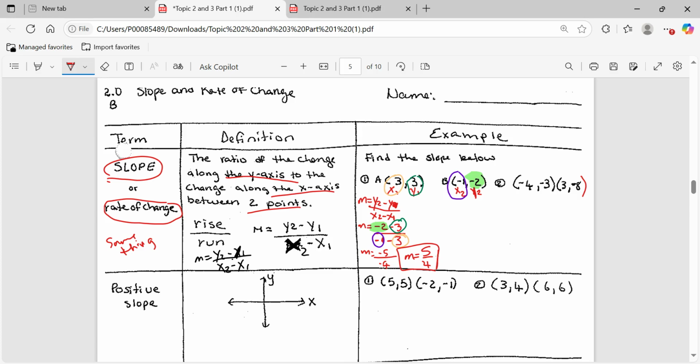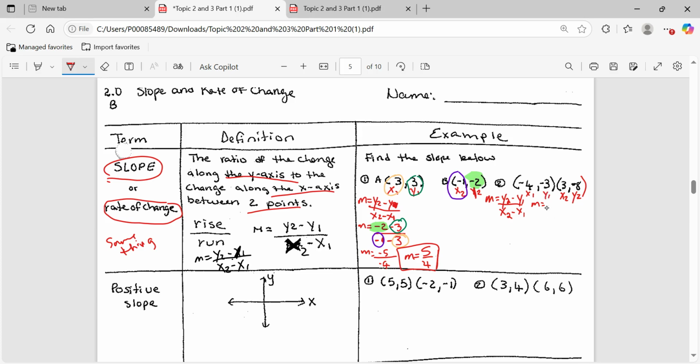For number 2, again, we are trying to find the slope. Your slope is equal to y2 minus y1 over x2 minus x1. So your slope is equal to y2, this is x2, x1, and y1.